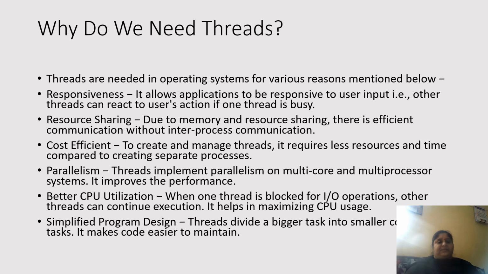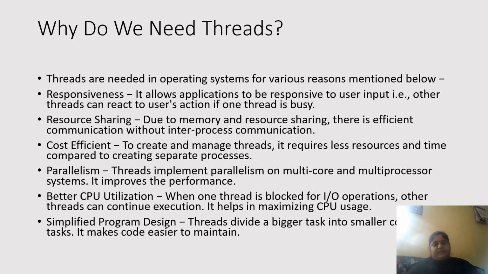Next one is parallelism. Threads implement parallelism on multi-core and multi-processor systems. It also improves performance, so it will improve the performance of the CPU. The CPU won't be idle for a long time. The multi-threading process actively keeps the CPU busy.